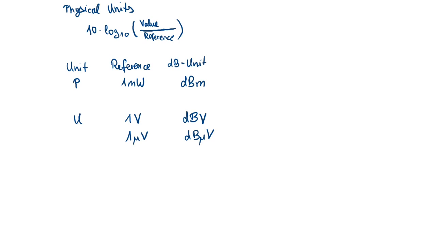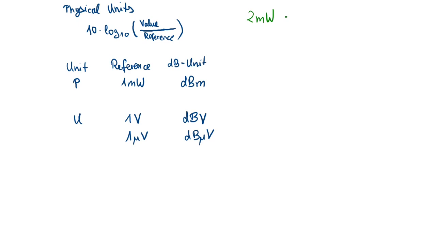And so far we have considered decibel to describe factors or multiplications, but it is also possible to display physical units in the logarithmic scale. For example, we have 2 milliwatts from our previous example.